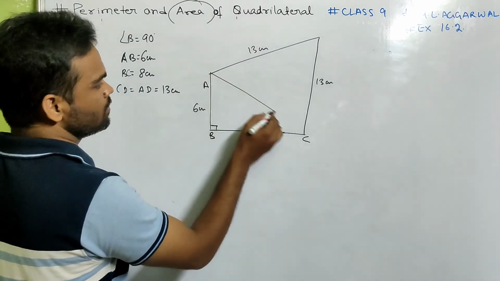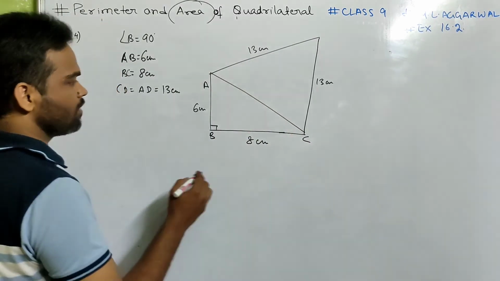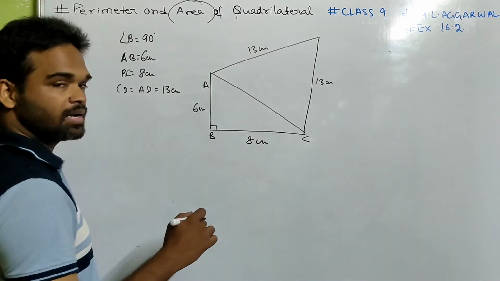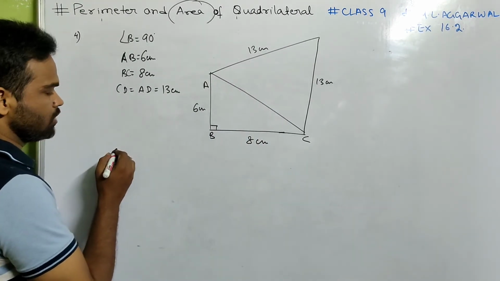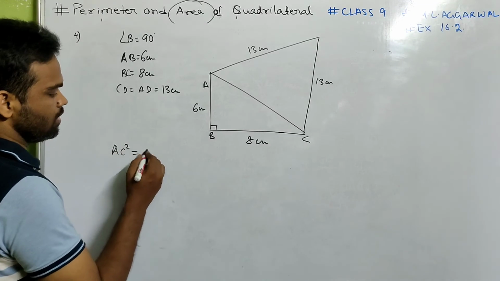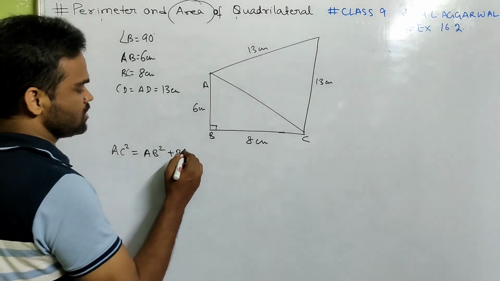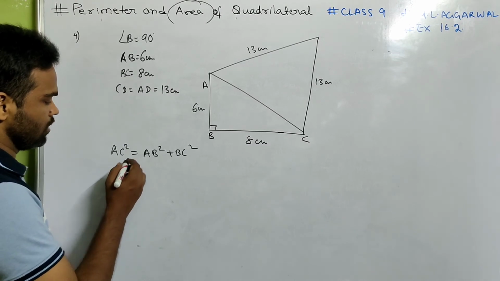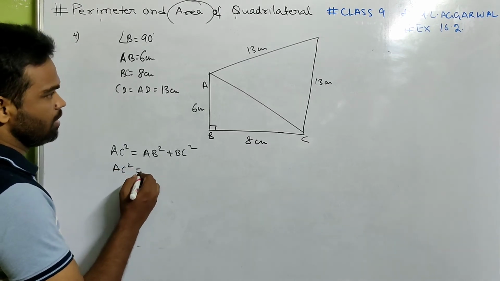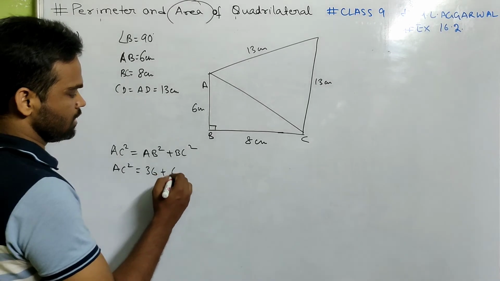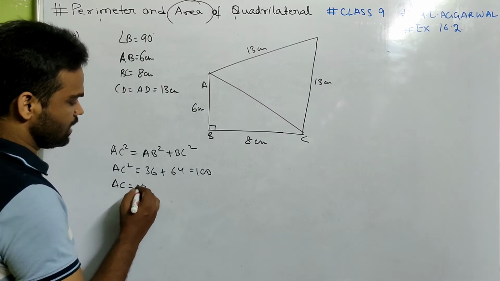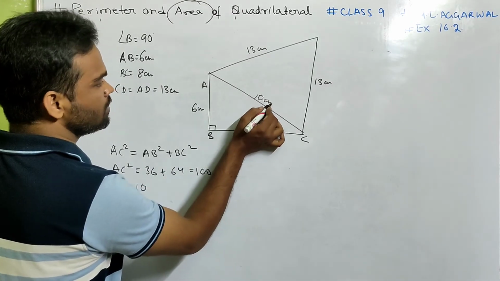Join this. AC is the hypotenuse of triangle ABC, so we can use Pythagoras theorem. AC square is AB square plus BC square. AB is 6, square that's 36, and that's 64, that's 100. So AC will be 10 centimeter. Done?